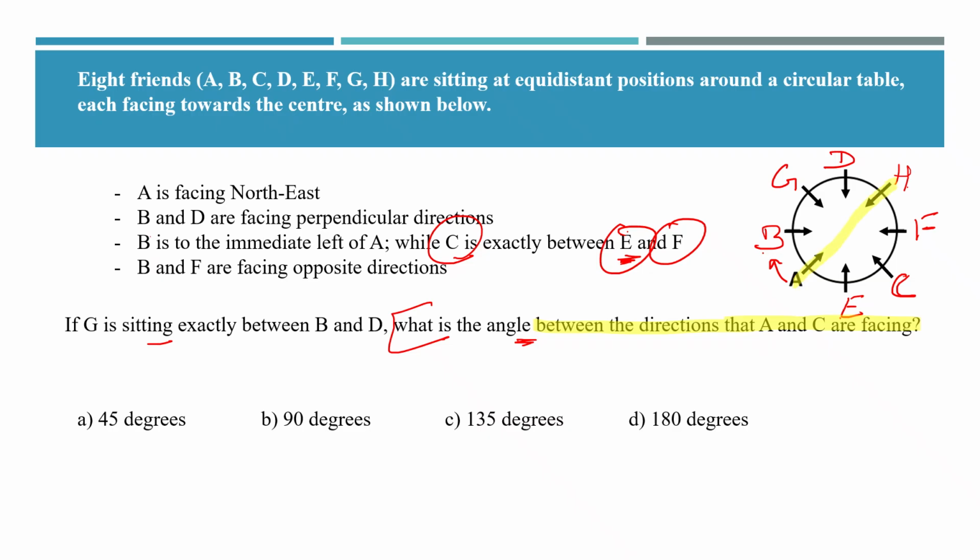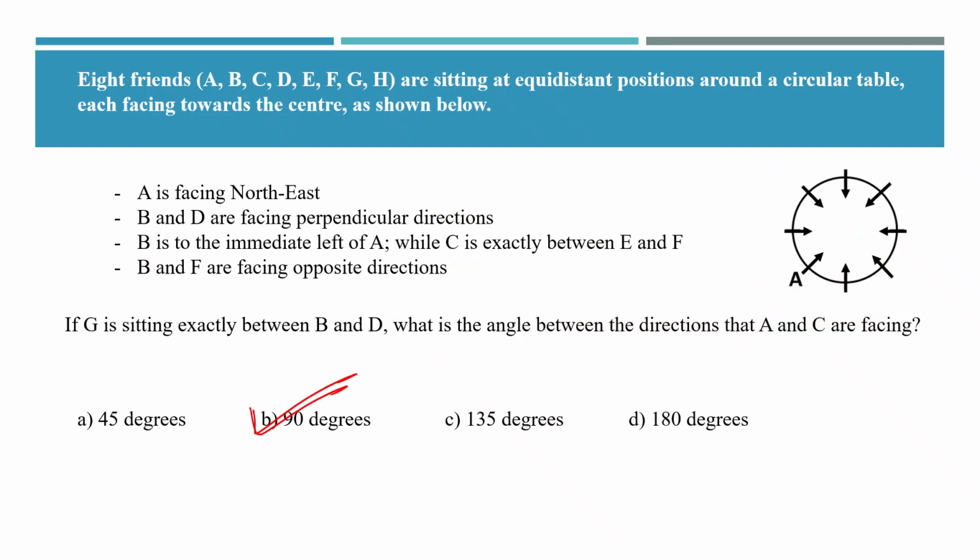A is here, it's opposite to H, which is 90 degrees. C is intersecting it in the form of perpendicular. So obviously the angle is 90 degrees. I go with 90 degrees. The angle between A and C is 90 degrees.